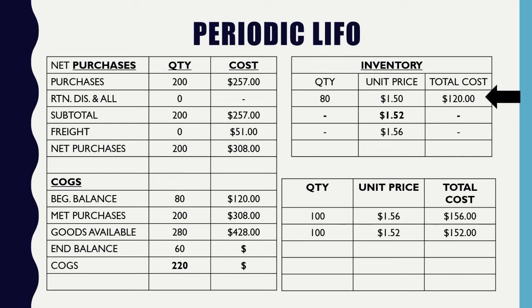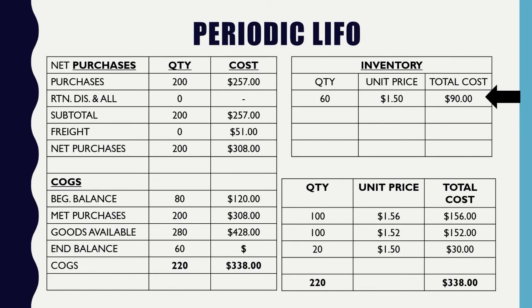So we've already taken a total of 200. My idea here is I only need 20 more items to sell, and we only have one batch left, costing $1.50. So we calculate my 20 items at $1.50 to get a total of $30, and we add up our columns here. This gives me a total of 220 items sold at a grand total cost of $338 even.